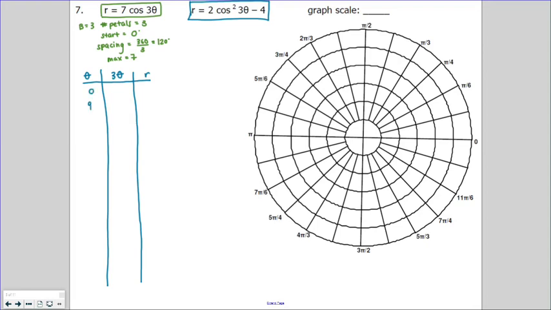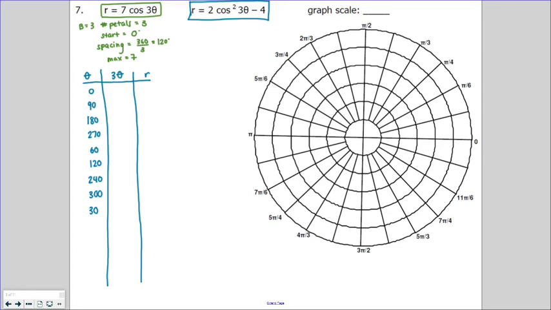And I'm going to start by picking all of those angles that we've been working with, 0, 90, 180, 270. And then because this graph is so complex, I'm going to pick a few more. Cosine is really nice with that 60-degree angle family. So 120, 240, 300. And then one more angle family I am going to include is the 30-degree angle family. And the reason why is because we're squaring cosine.